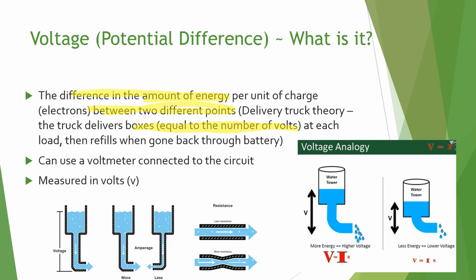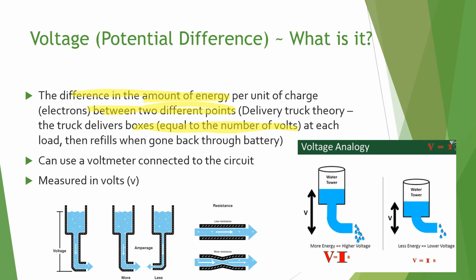When the delivery truck driver goes back to, say, the warehouse to refill on packages, that represents the voltage being restored when going back to the energy source, for example the battery. So again, it's the difference in the amount of energy between two points, say between the battery and the first load, or the first load and the second load, and so on.